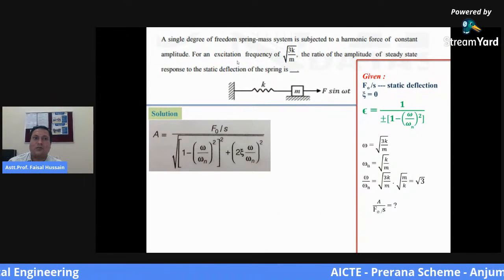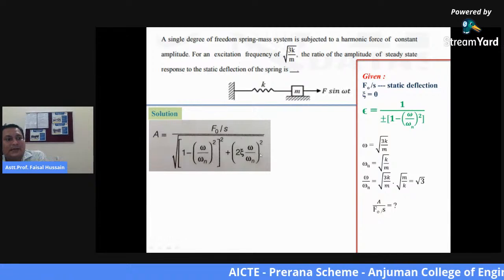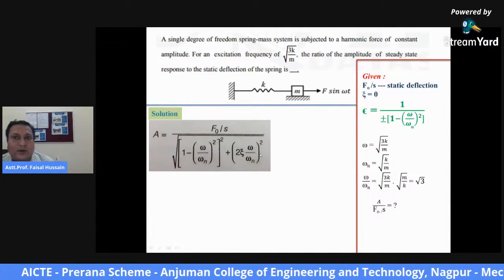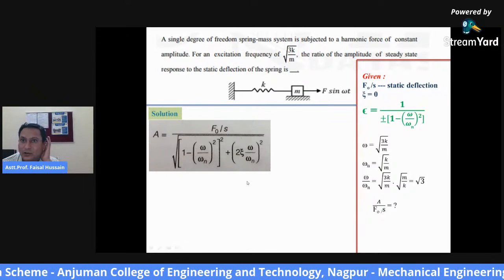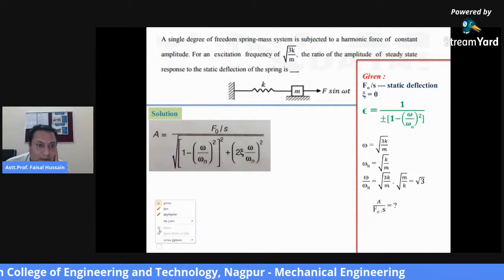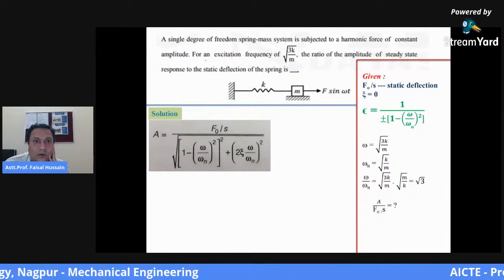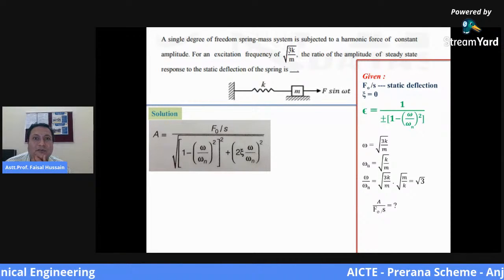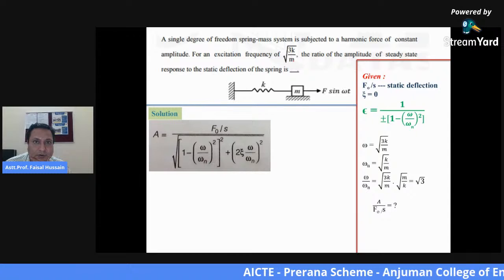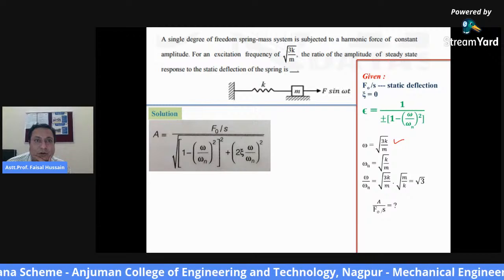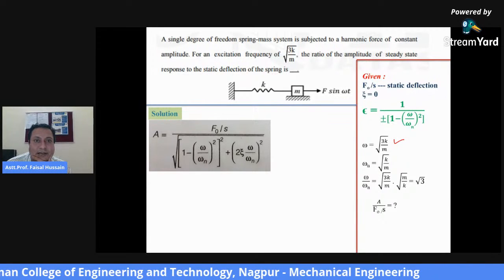Now let us see this problem. A single degree of freedom spring mass system is subjected to a harmonic force of constant amplitude. So see here, constant amplitude is given. Now for an excitation frequency of root 3k by m, okay, this is the excitation frequency omega. The ratio of amplitude of steady state response to the static deflection.